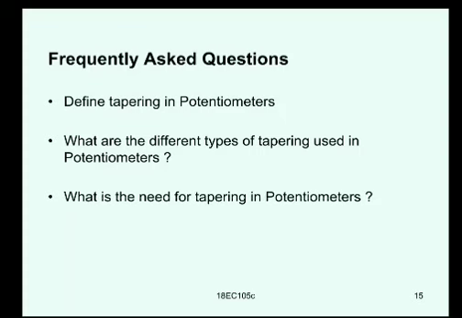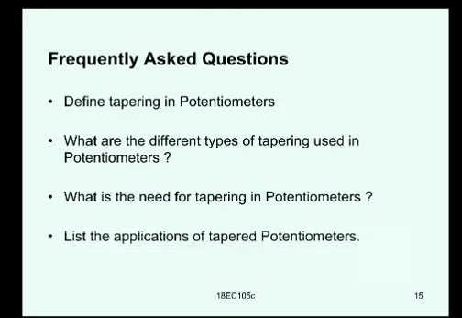Then what is the need for tapering in potentiometers? Need means basically to change the value of resistance we need tapering. Next, list the applications of tapered potentiometers. So as we have discussed, it is in televisions, audio receivers, and in some instrumentation as well.